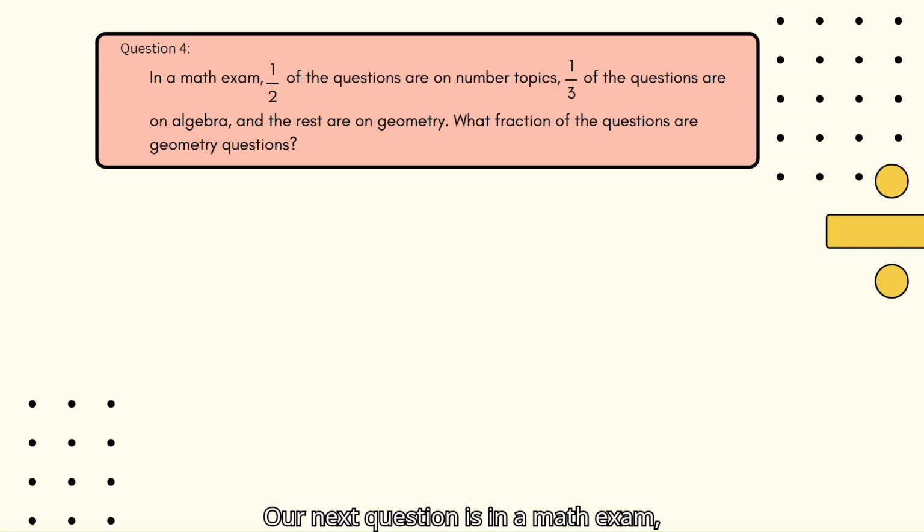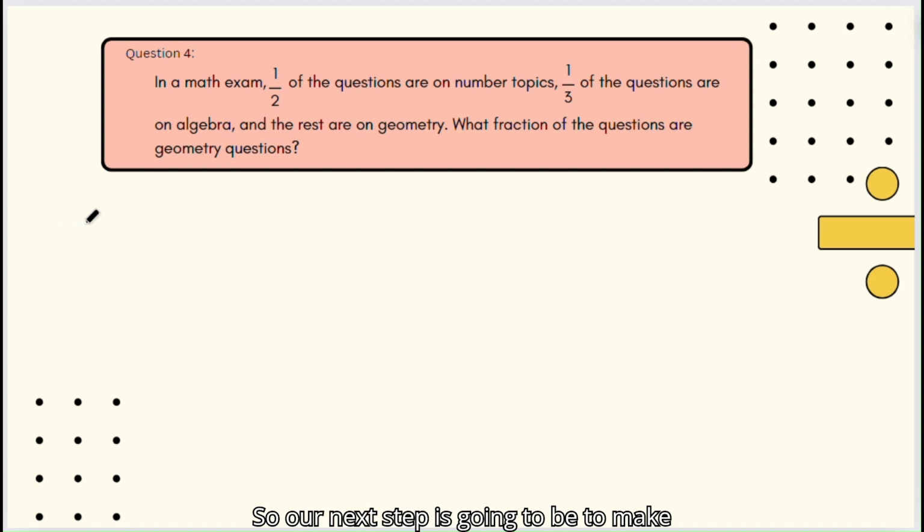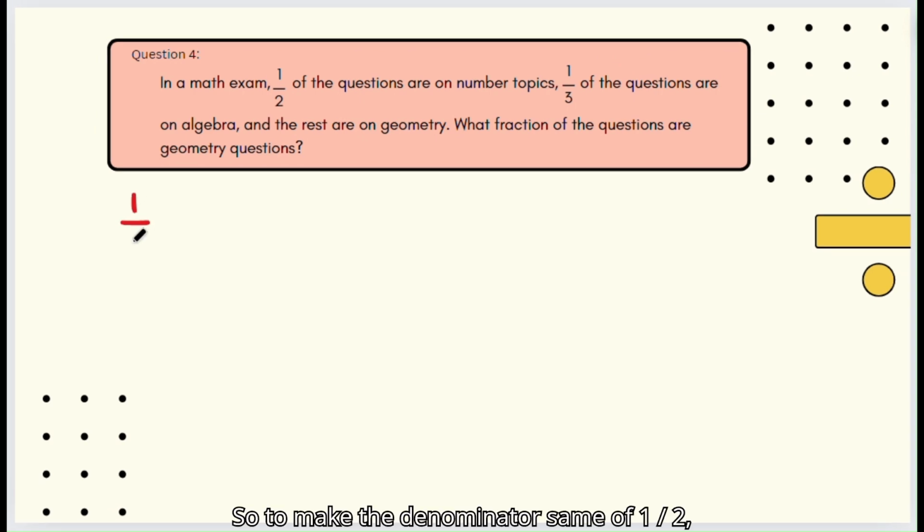Our next question is, in a math exam, 1 over 2 of the questions are on number topics, 1 over 3 of the questions are on algebra, and the rest are on geometry. What fraction of the questions are geometry questions? So our next step is going to be to make the denominator the same for both fractions. To make the denominator the same for 1 over 2, we're going to find the multiples of 2.